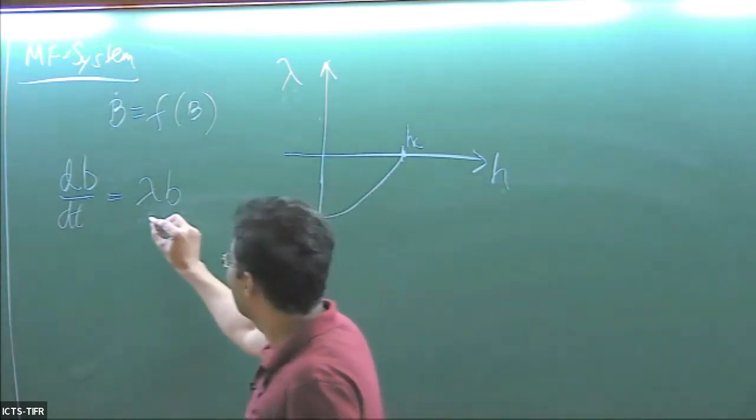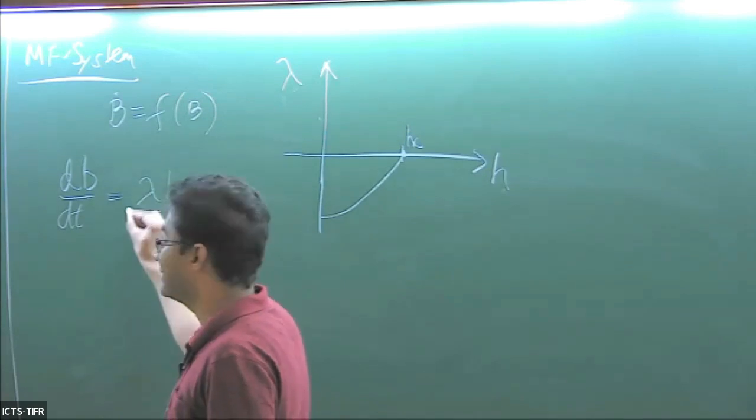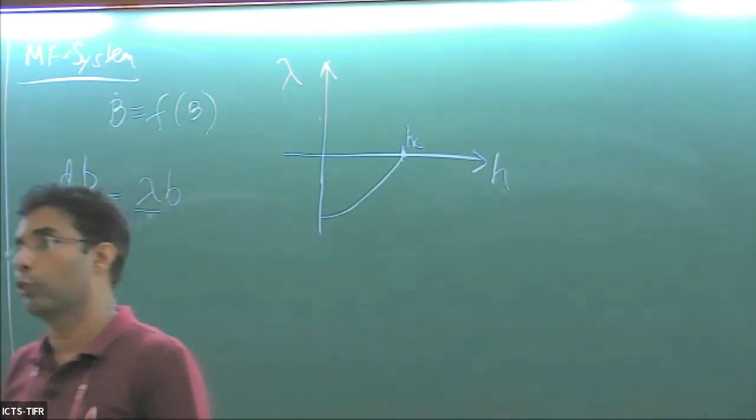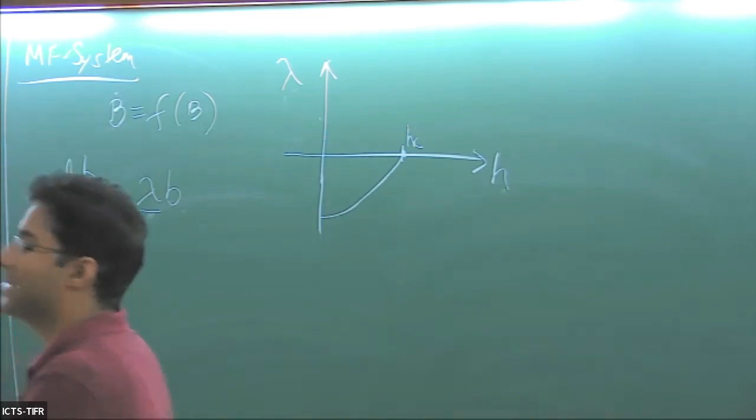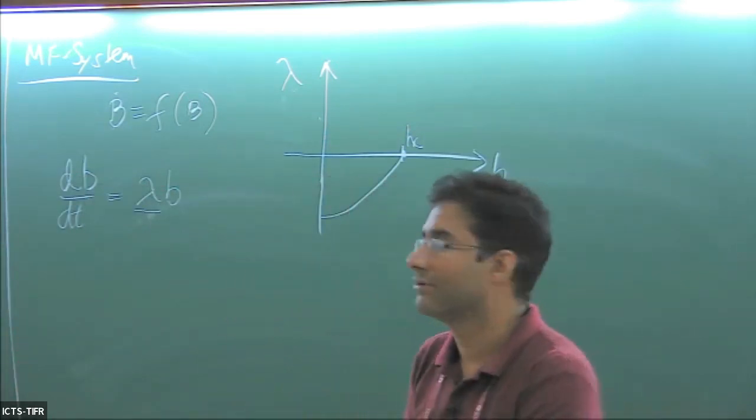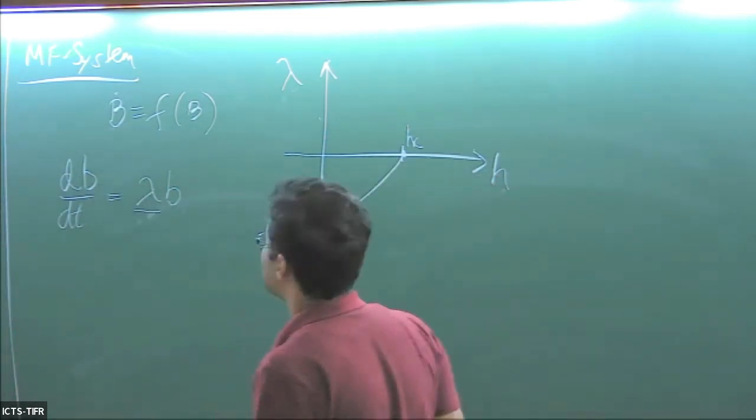So the fact that lambda goes to 0 means that the decay becomes slower and slower. That was the basic idea. That's the idea of critical slowing down. As you approach the bifurcation point, this is what happens.